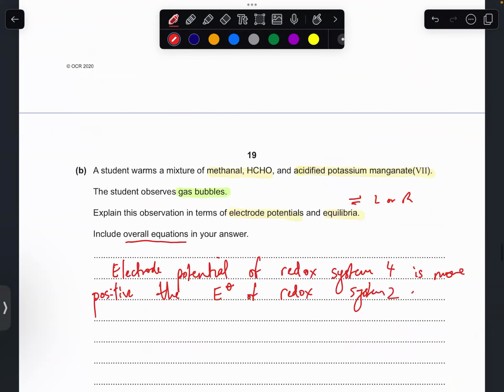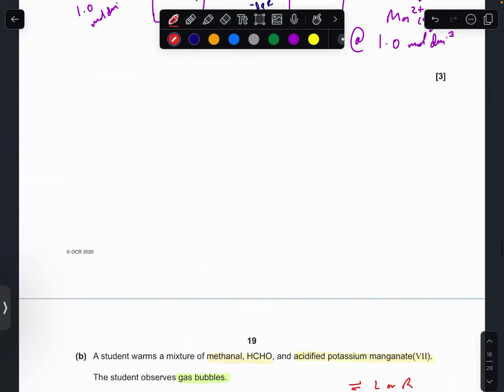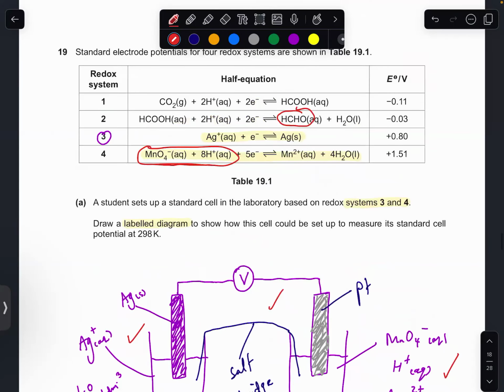Now, as a result of this, the more positive the electrode potential, it has a tendency to gain electrons, and the more negative or the less positive, it has a tendency to lose electrons.